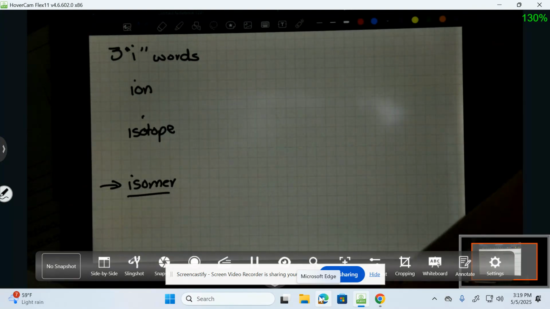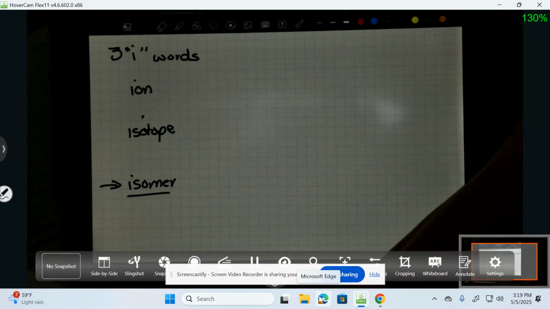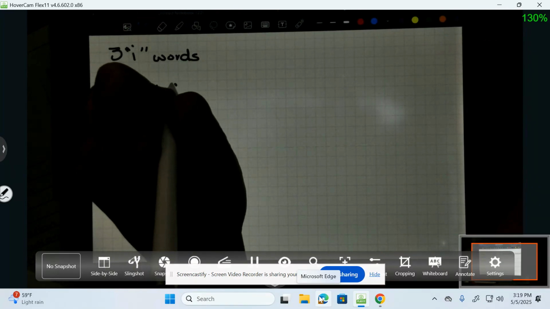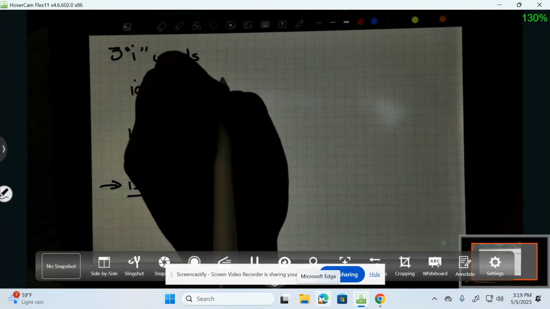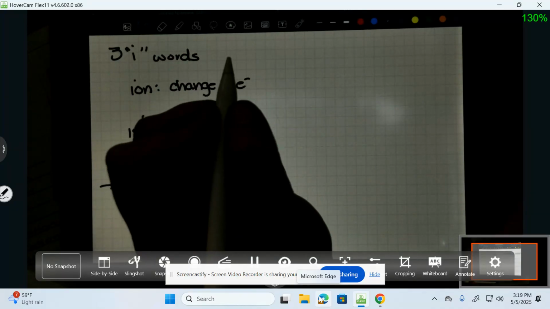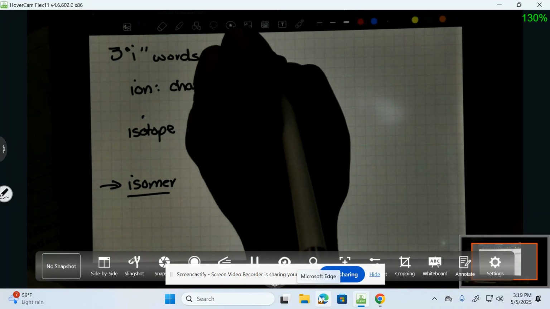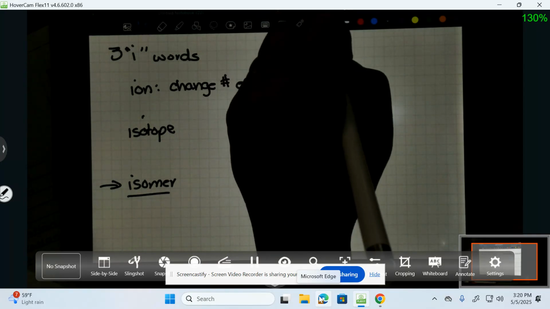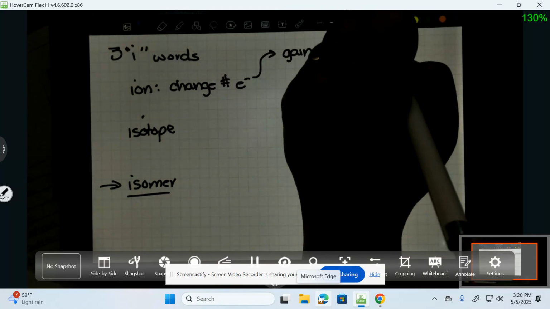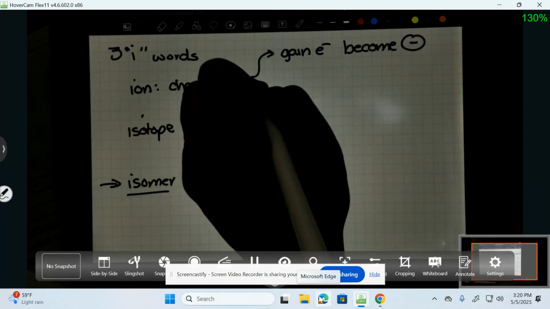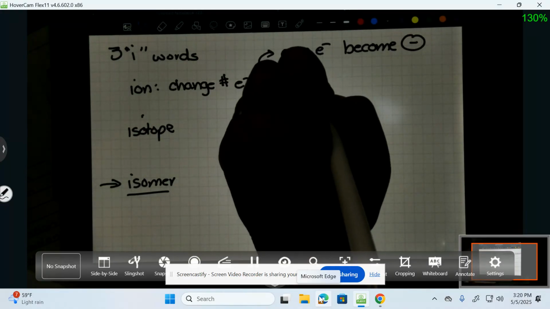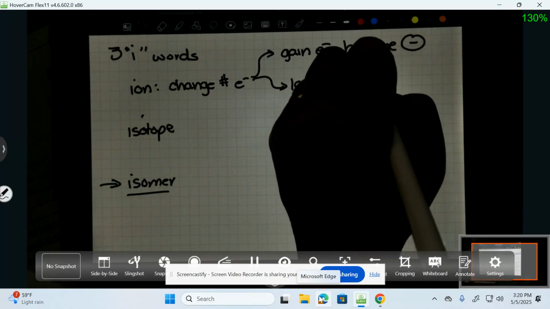But ion and isotope. Let's talk about what an ion is and what an isotope is. Ion, you're changing the number of electrons. When you gain an electron, you become negative. When you lose an electron, you become positive.